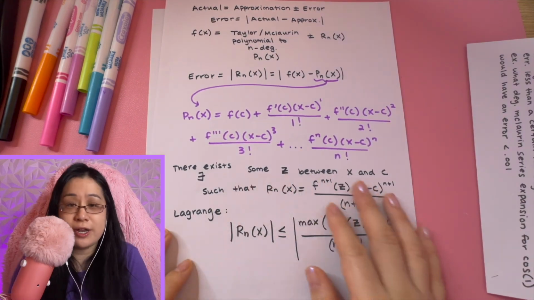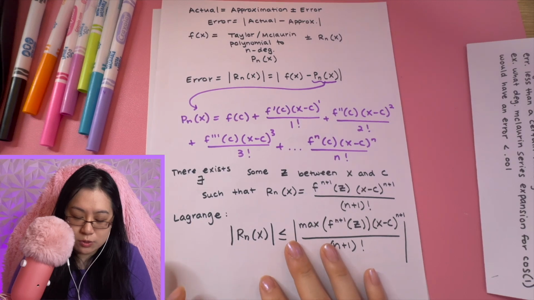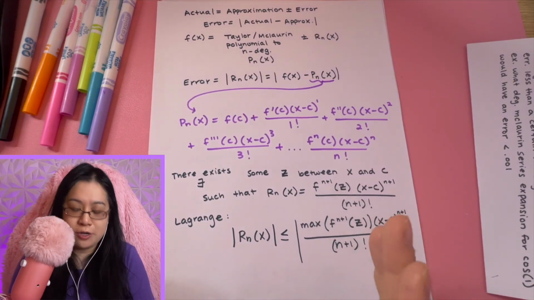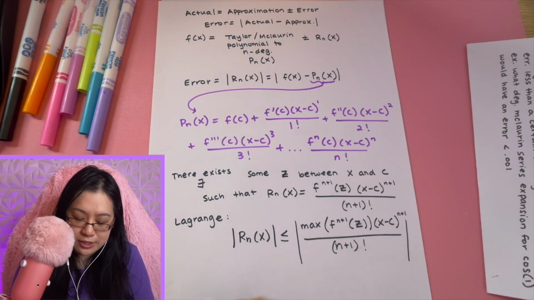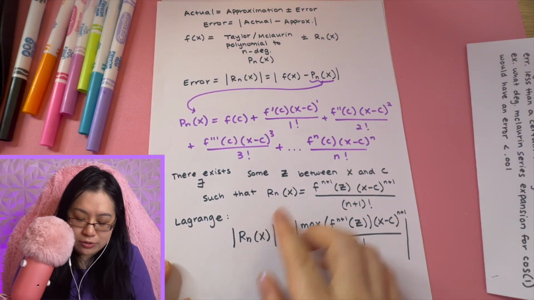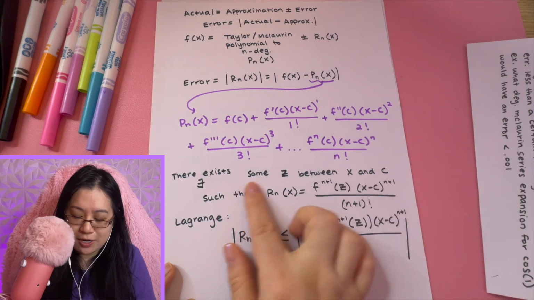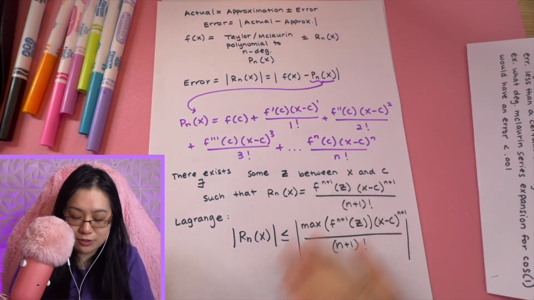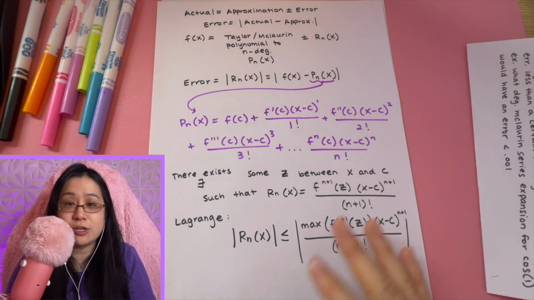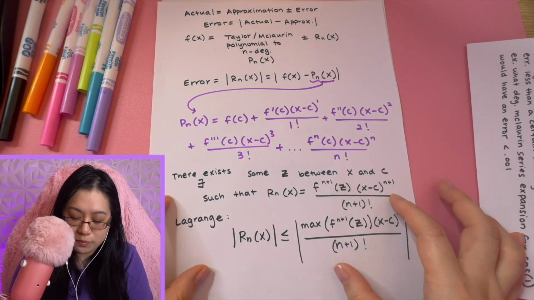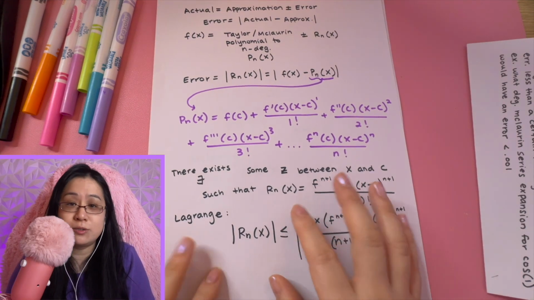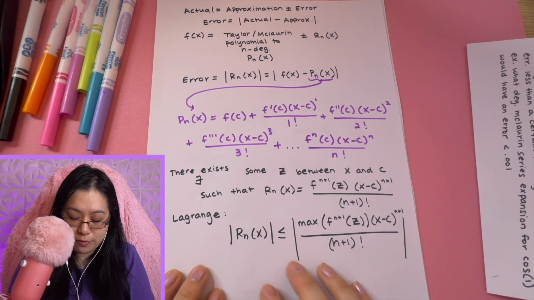When you do write out the actual theorems, by the way, a lot of times you have to define what interval we're talking about. So if you're saying there is some z between x and c, I'm paraphrasing it here, but sometimes you have to define what interval you're talking about and write this a little more formally. But this is the idea for both the Taylor remainder theorem and the Lagrange Error Bound.